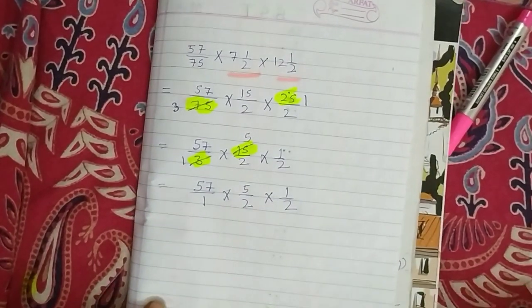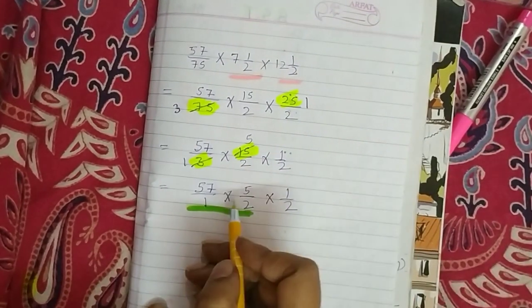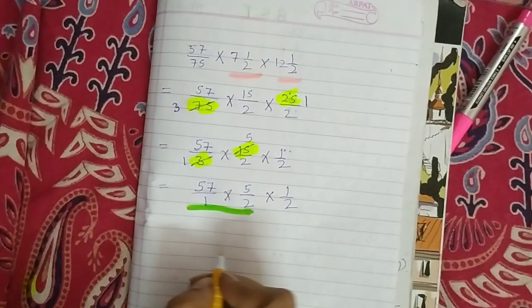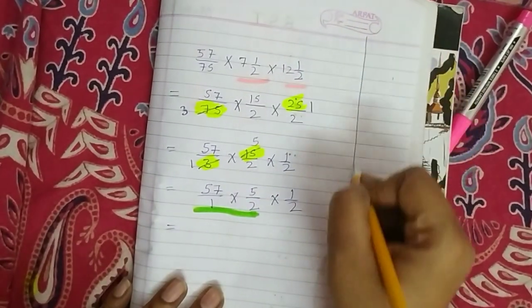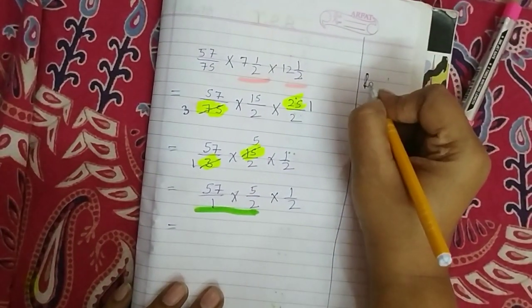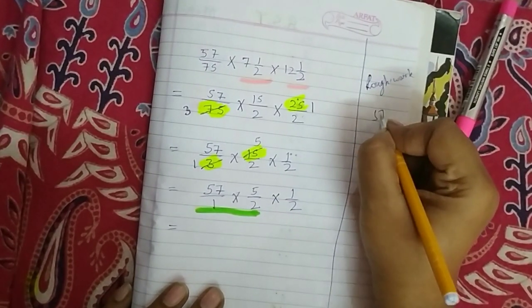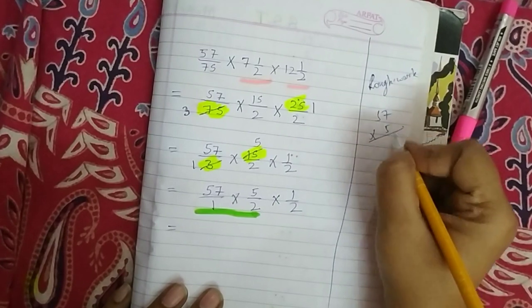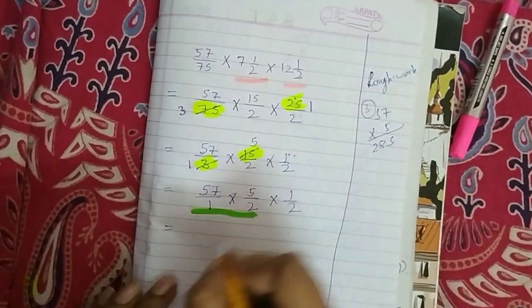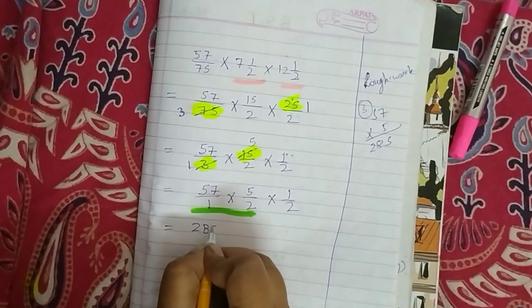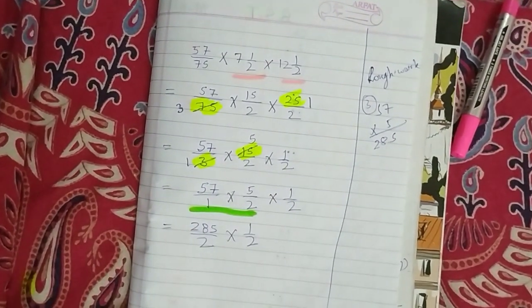Now first multiply these two: 57 into 5. Just do it here, rough work. 5 7s are 35, 5 5s are 25 plus 3, 28. So 285 upon 2 into 1 upon 2.